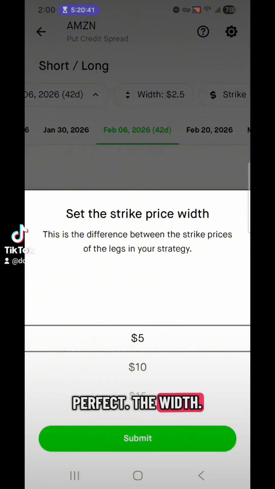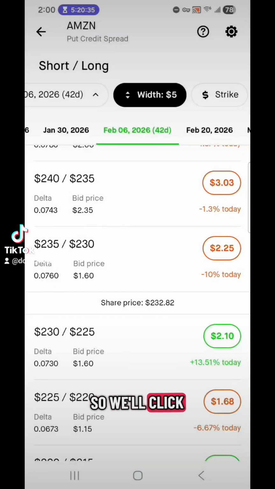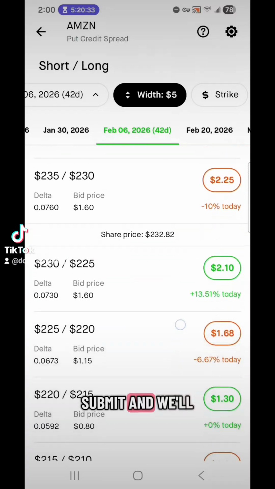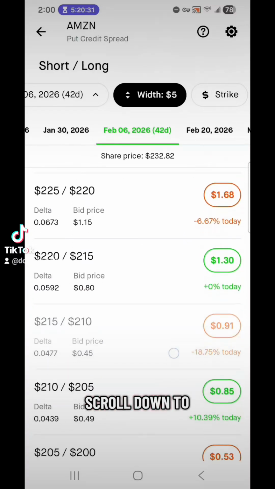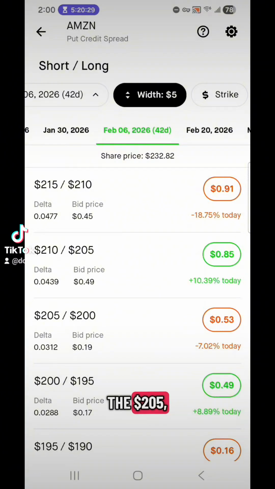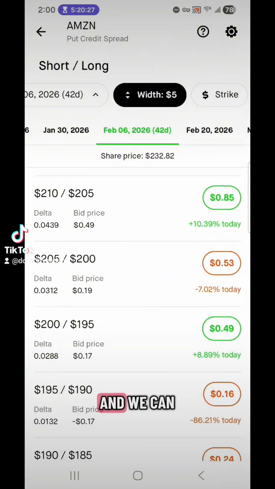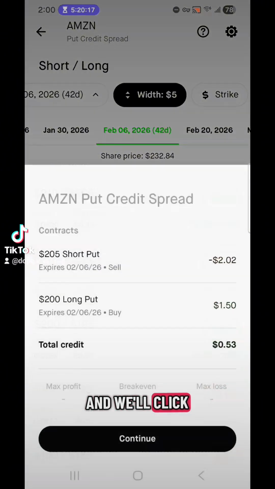They won't give us a $2.50 width, so the smallest they'll give us is $5 width. So we'll click submit, and we'll scroll down to the 205, which is the one we're interested in, and we'll click on that.